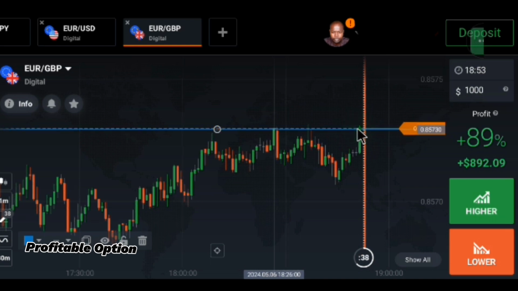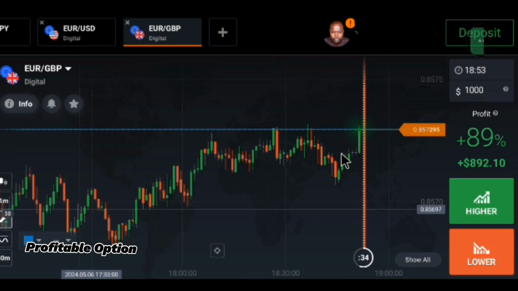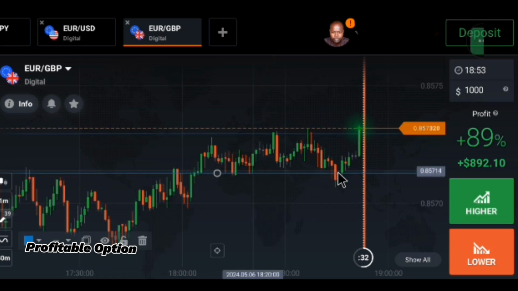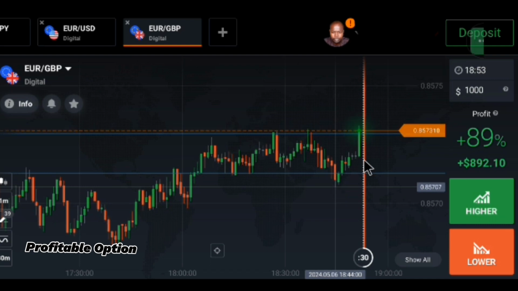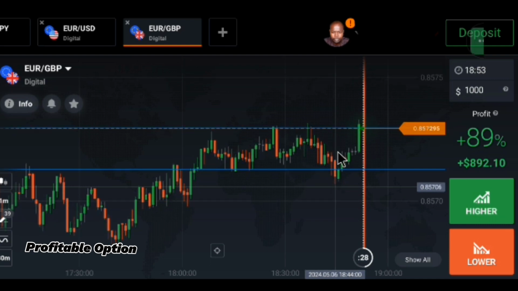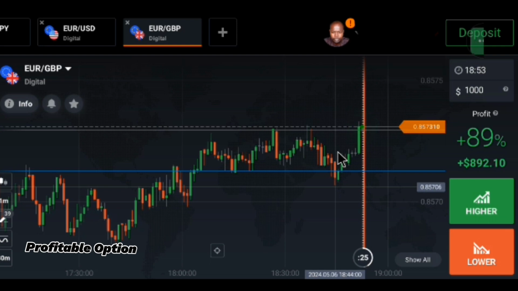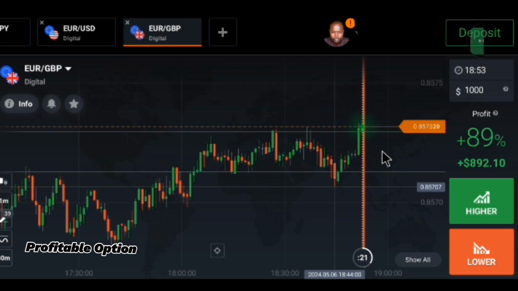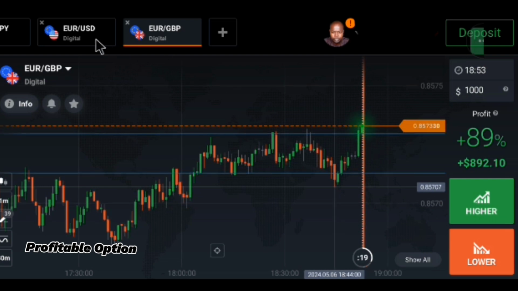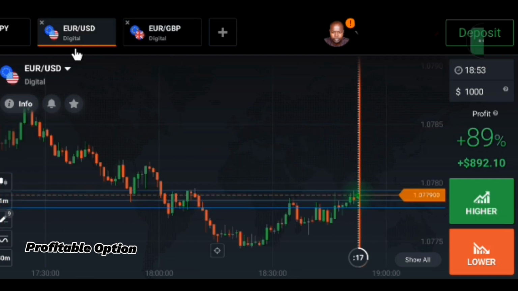One has to be patient here. And also let me draw my support here. Okay, now it wants to break out of this place, but I just have to be patient to be sure it's not a false breakout, because it could be a false breakout. Okay, I have to be checking all of them.